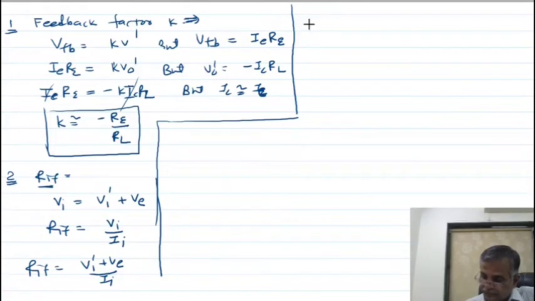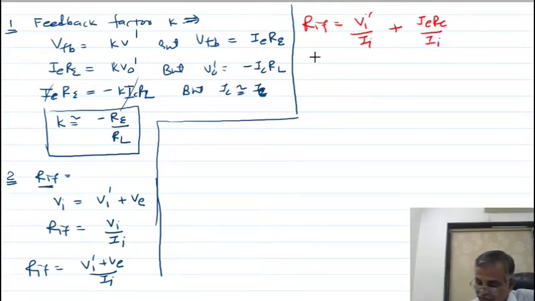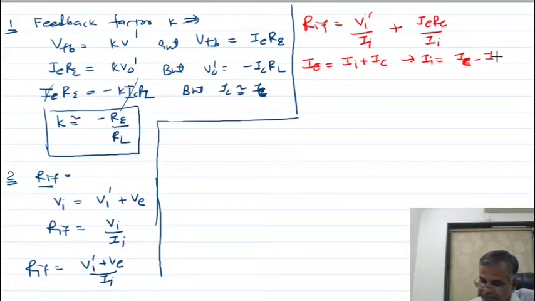Now, what is RIF? VI dash upon current plus I into RE upon current. You know that the emitter current is nothing but the base current plus collector current. Therefore, this input current is nothing but the emitter current minus collector current.